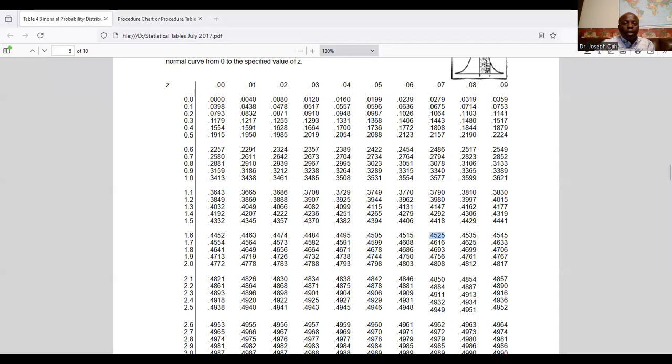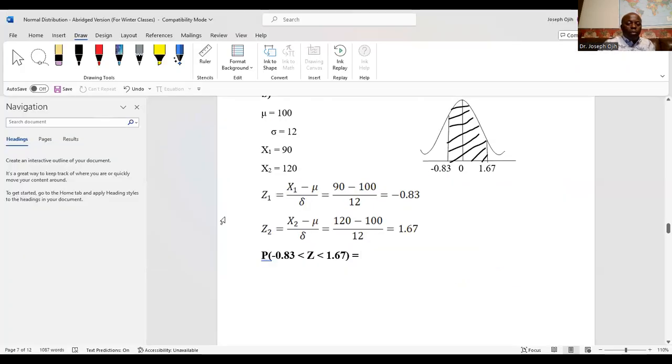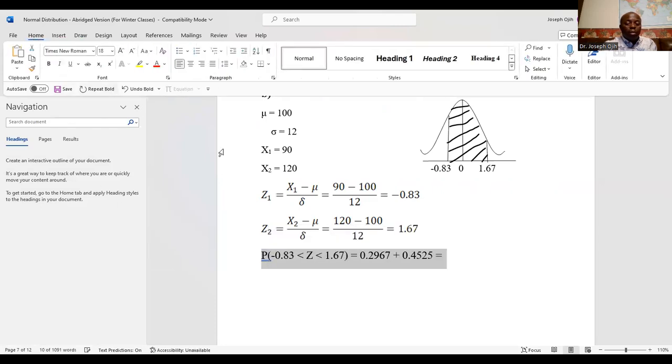So that means for this one, we have from the table 0.2967 plus, for this one, we found that it is 0.4525 on the table, of course. So now let's add this on the calculator, we get our answer.